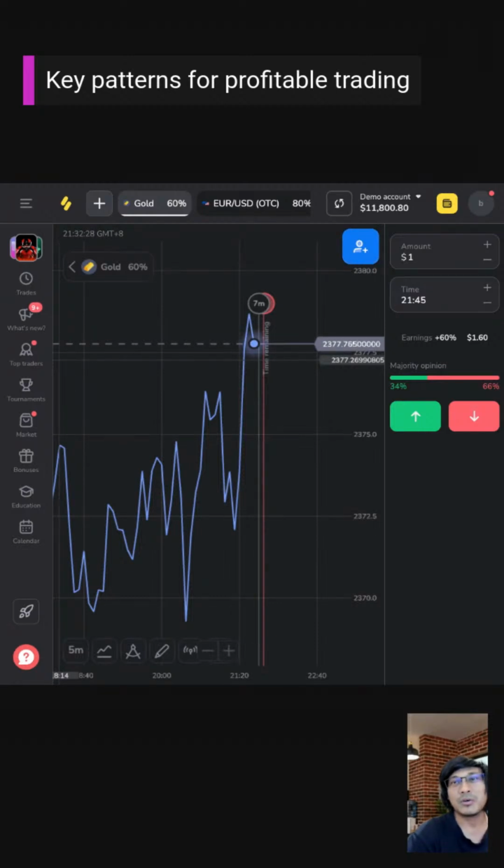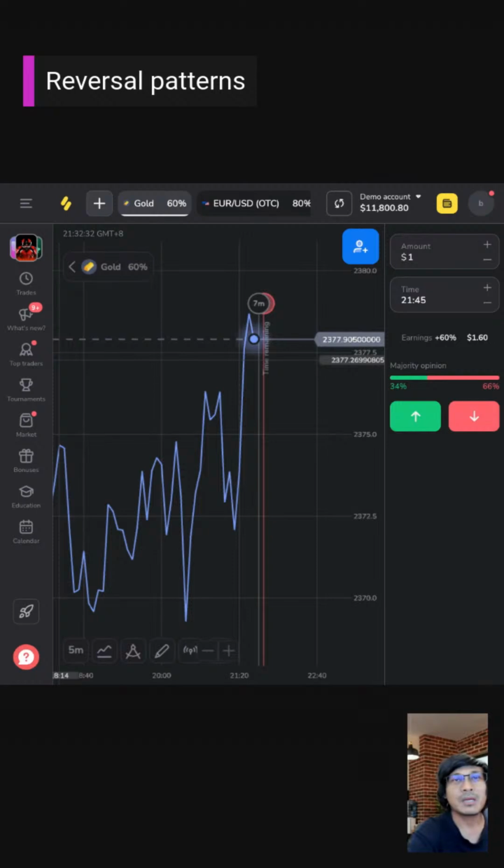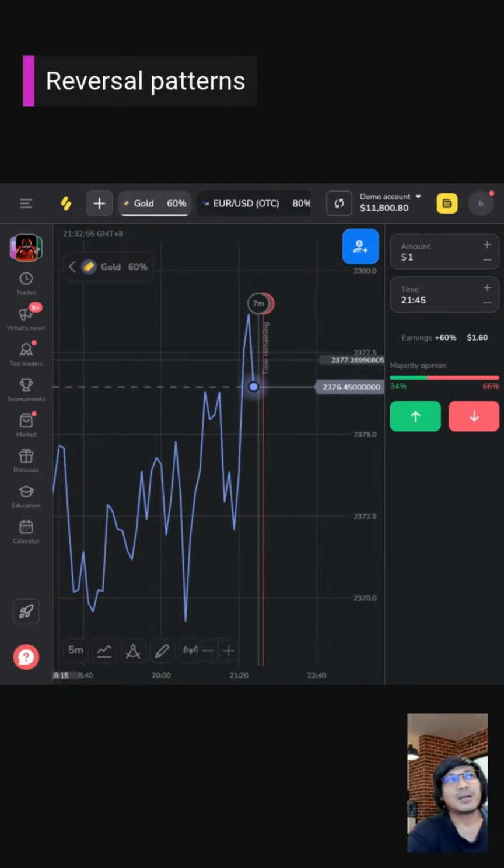So, we'll talk about reversal patterns first. All movements in the market, whatever asset you are looking at, whether currency pairs, Bitcoin, crypto, commodities like gold, or index assets, are always moving between strength and weakness areas.